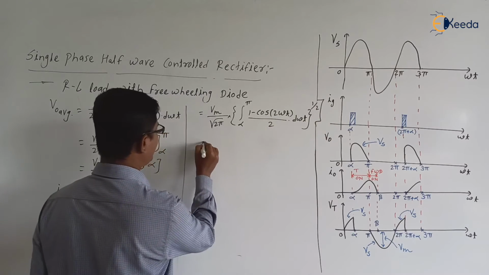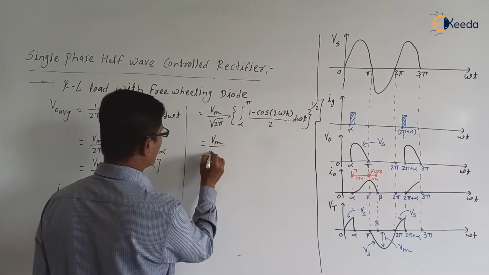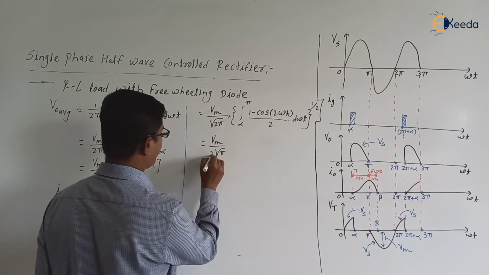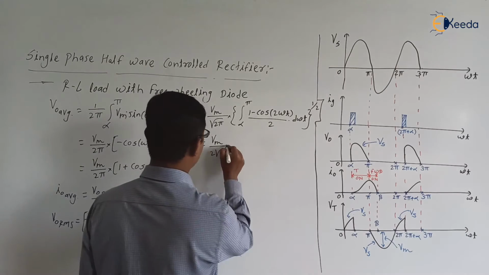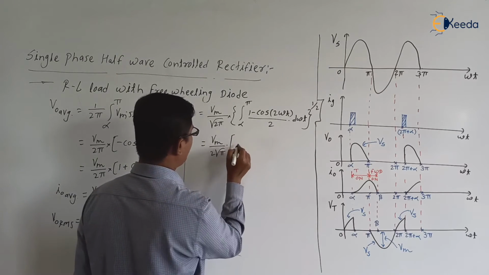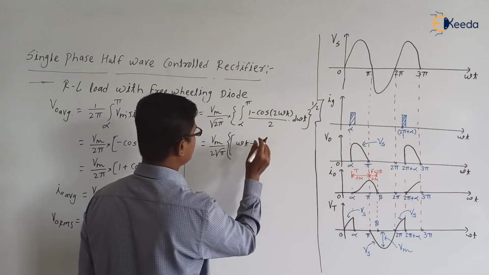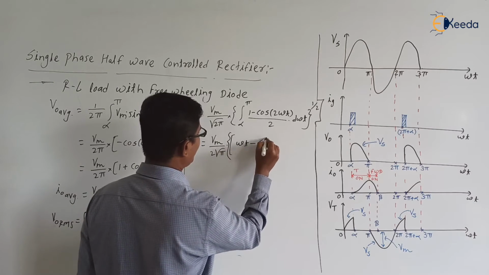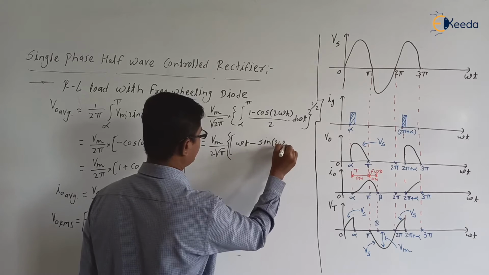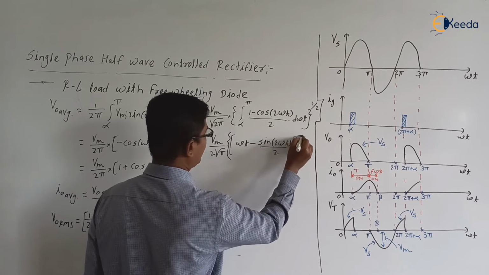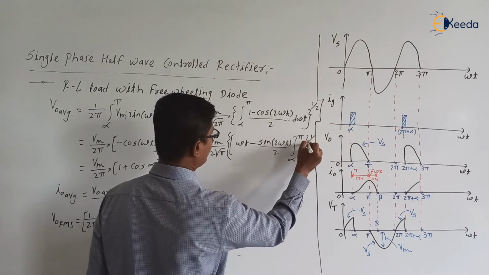So we can write it as Vm upon 2 root pi into omega t minus sine of 2 omega t by 2, with limit alpha to pi, to the power 1 by 2.